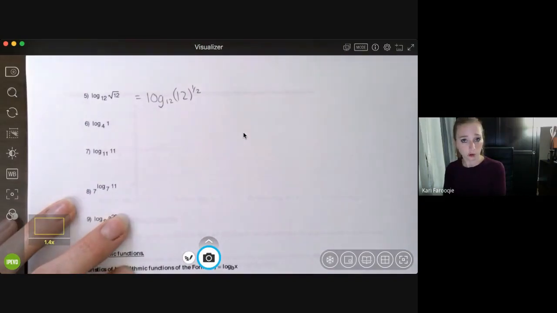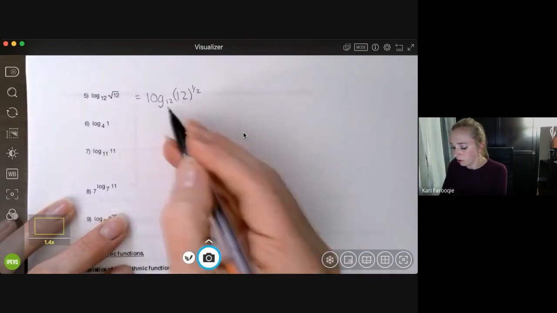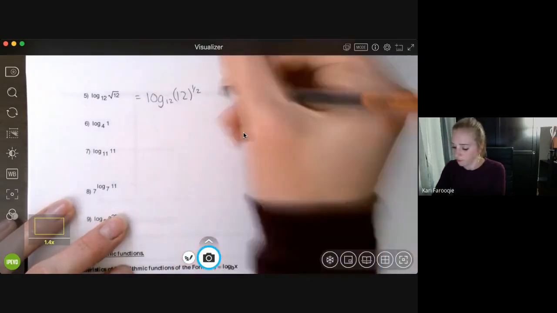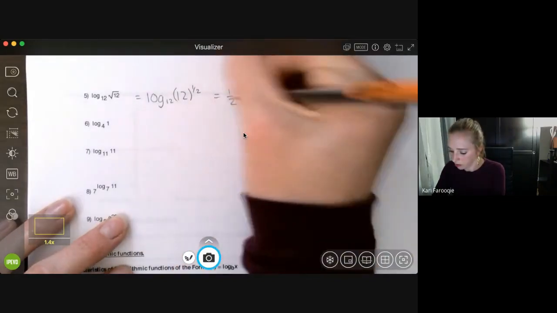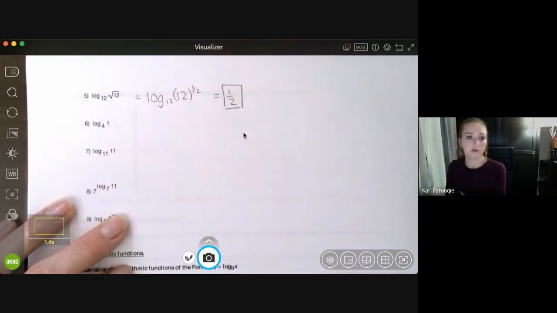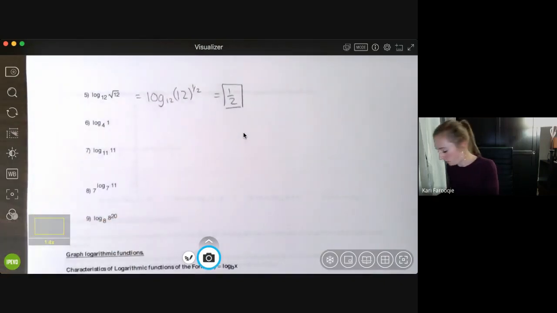A square root is a 1/2 power. And now you're in another situation where the bases match. Therefore, your answer would be the exponent 1/2. So 12 to the 1/2 power equals 12 to the 1/2 power. Sometimes it sounds like circular reasoning.